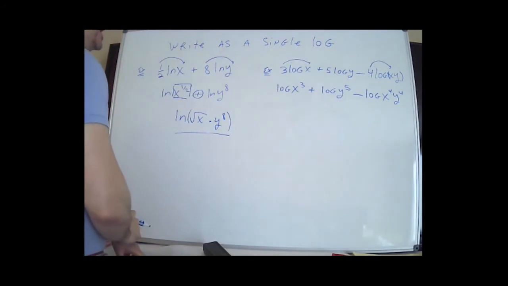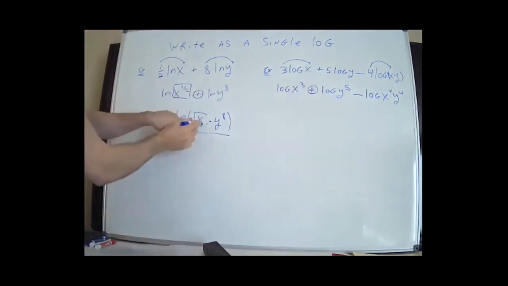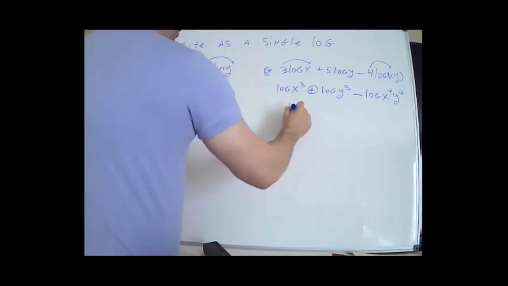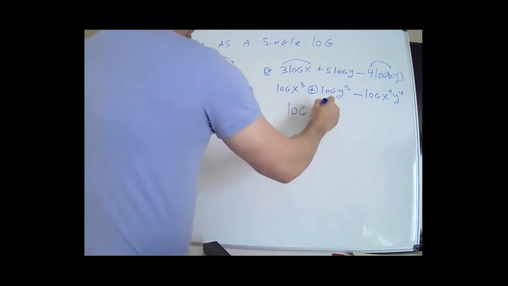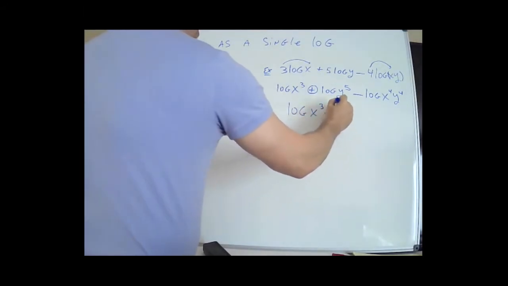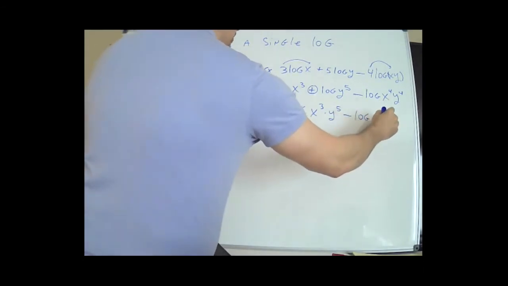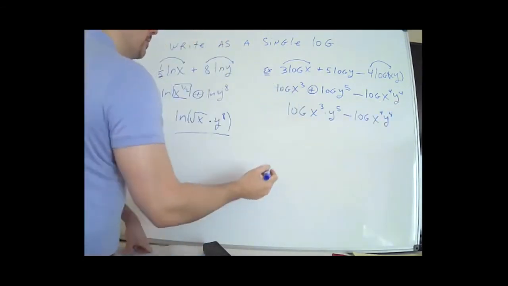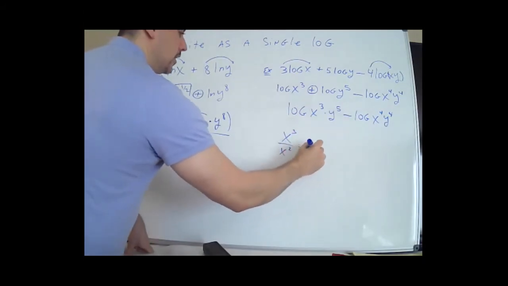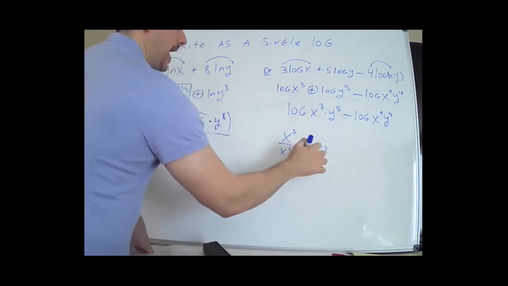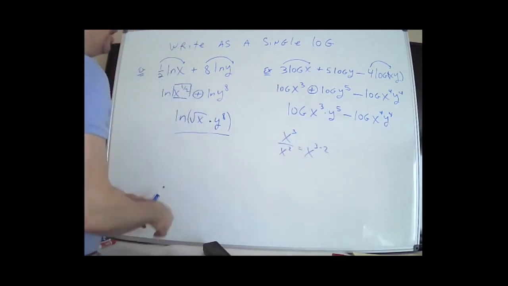Now I've got to start combining everybody. I already know that when I have the plus, I do multiplication. So I'm going to take those two and put them together as one: x^3 times y^5. Now I have this one over there waiting. Hopefully you'll see what's about to happen here. Now, remember, when you divide exponents, you subtract them. So subtraction and division go together.